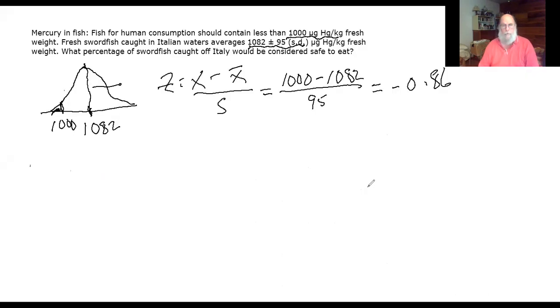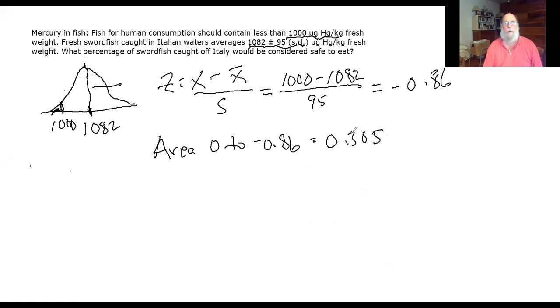All right, so our area from 0 to Z, or negative 0.86, is 0.305.